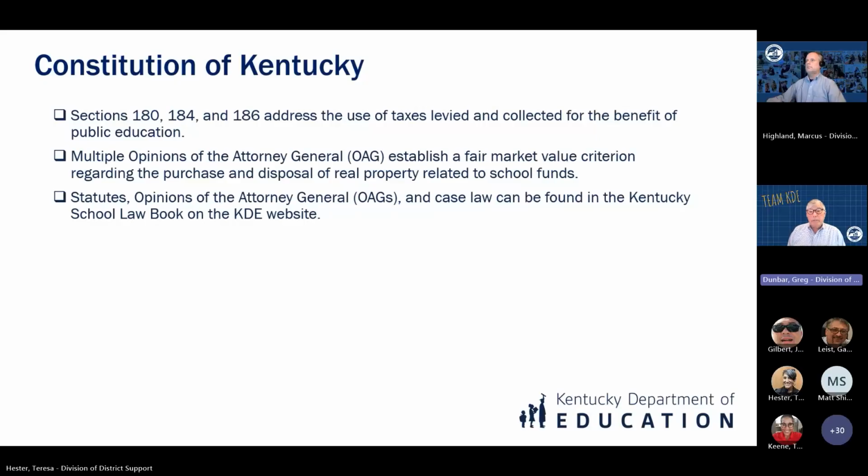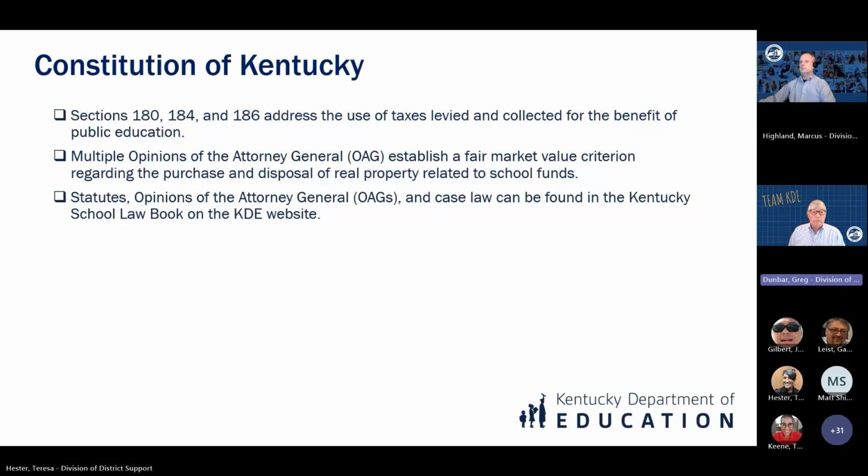The Constitution of Kentucky. It's the highest authority. Sections KRS 180, 184, and 186 address the use of taxes levied and collected for the benefit of public education. There are multiple opinions of the Attorney General and case law that establish a fair market value criterion regarding the purchase and disposal of real property and the use of school funds.